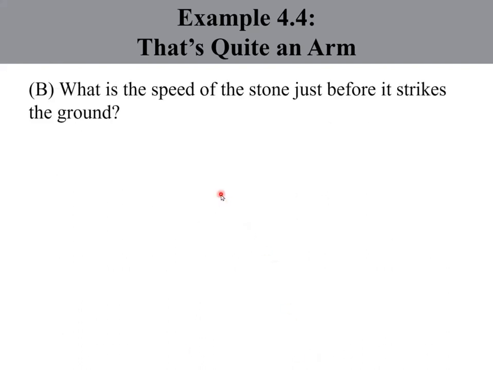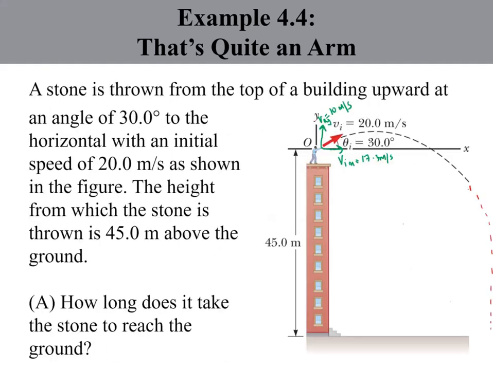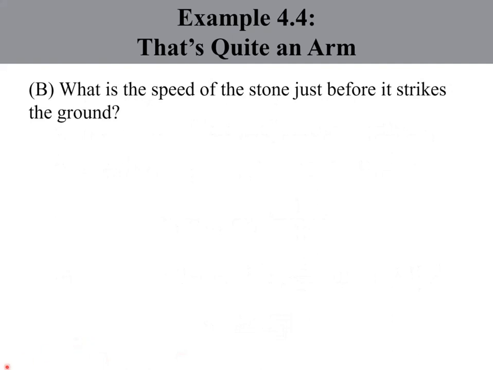Next, B: what is the speed of the stone just before it strikes the ground? Speed means it wants the resultant speed. So going back to the figure, or maybe I can just draw a new one. Let's say this is the path of the stone when it reaches the ground. So this is the ground.